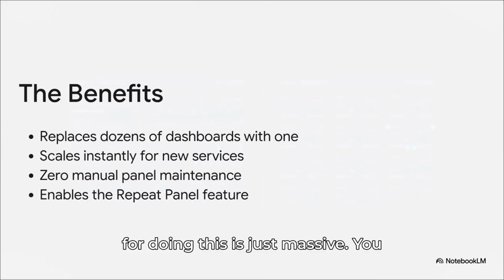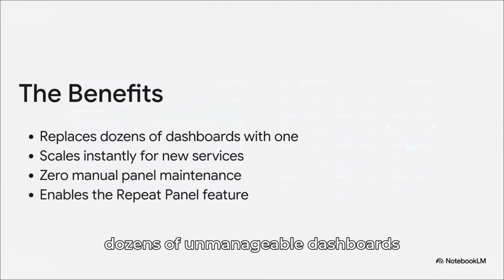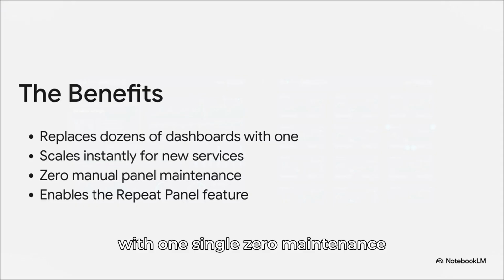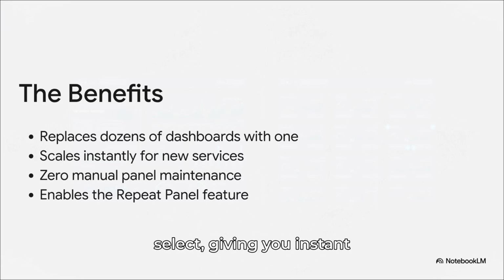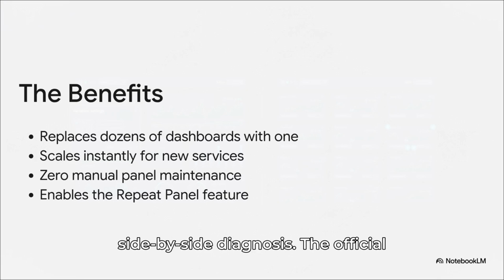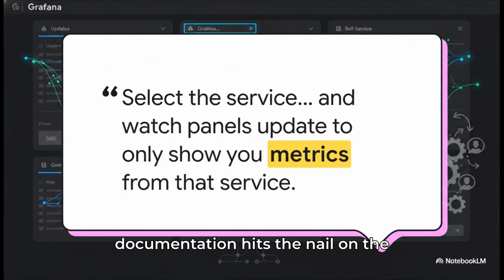The payoff for doing this is just massive. You are completely replacing dozens of unmanageable dashboards with one single zero-maintenance interface that scales instantly the moment new services are added. Plus, it unlocks some incredibly powerful features like Repeat Panel. That's where Grafana automatically duplicates a panel for every single service you select, giving you instant side-by-side diagnosis. The official documentation hits the nail on the head here.